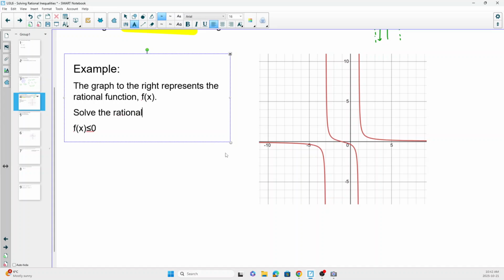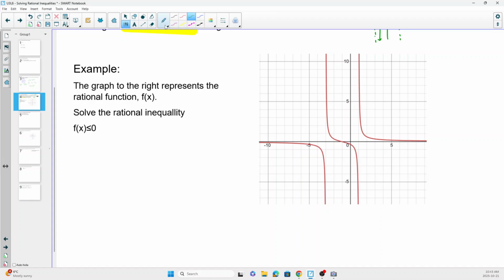So this graph here represents the rational function f at x. Okay, so this is f at x. And the inequality is asking, when is f at x less than or equal to 0? So we're just looking at a graph, and it's really important that we can read when that's happening. So when is this function less than 0?